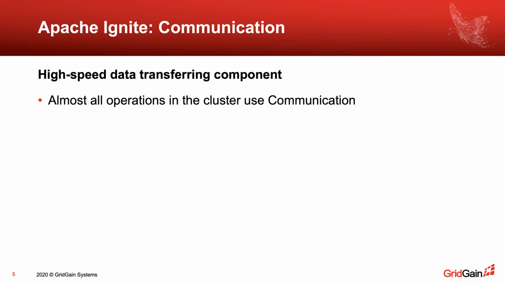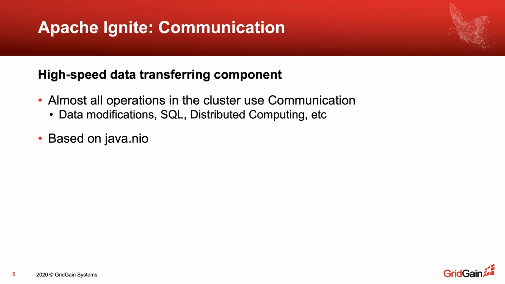Almost all user operations use communication subsystem to transfer data between nodes. Data modification, SQL queries, distributed computing, service grid, all of that uses communication to send data and data requests between the nodes.